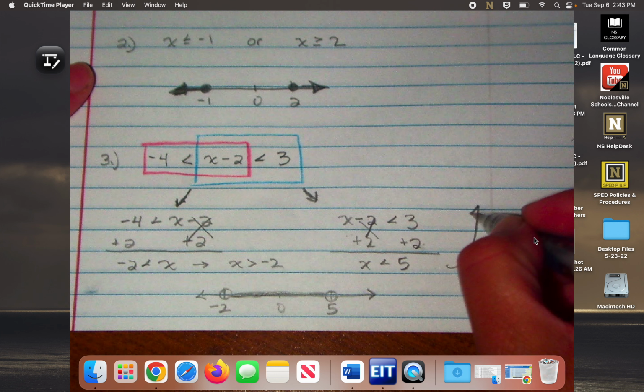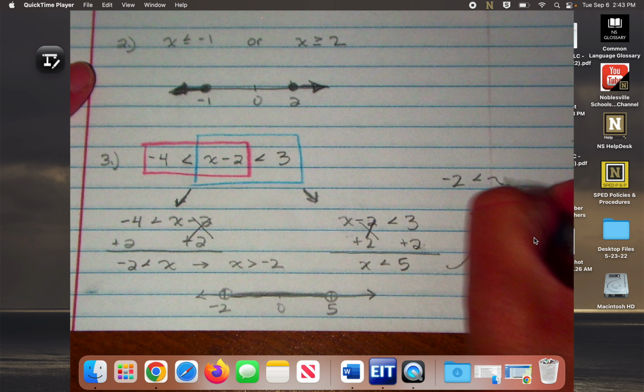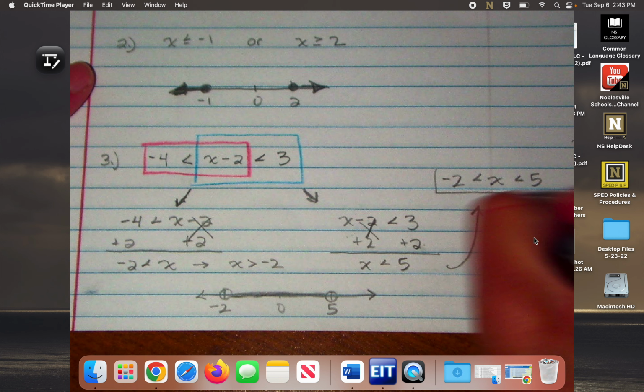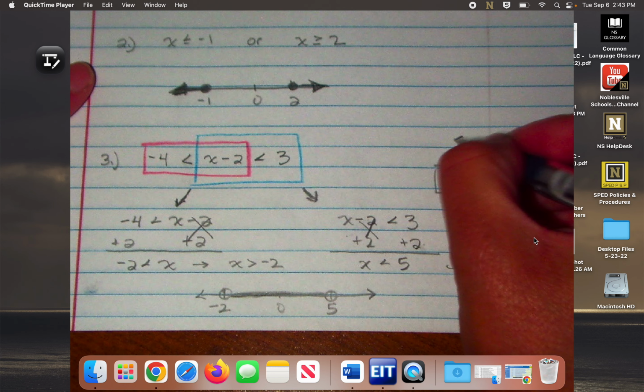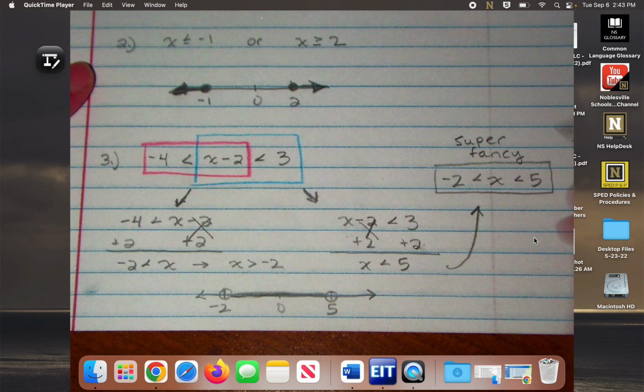And if I want to get super fancy, I could say negative 2 is less than x is less than 5. Super fancy.